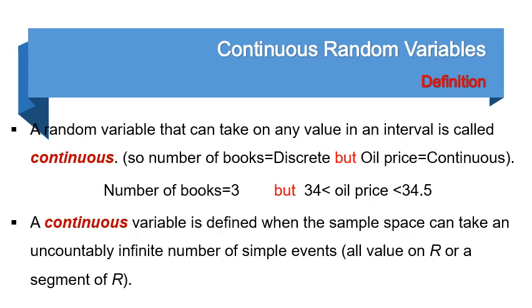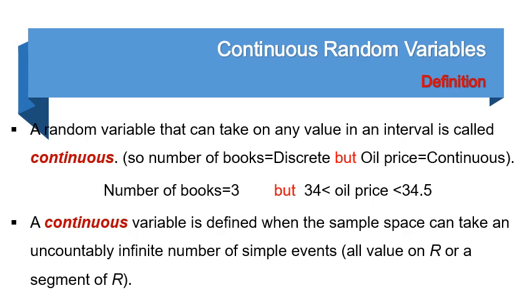1 means you have 1 book, or 2 books, or 3 books. So this random variable takes jump points. It's either 0, then jumps to 1, then jumps to 2, then jumps to 3, up to the maximum number of books you have. But for the continuous case, like the oil price, I cannot determine a specific value. All I can say is that the oil price is between 34 and 34.5.